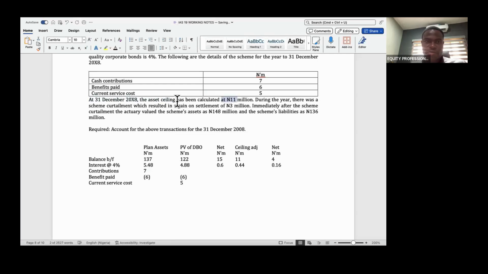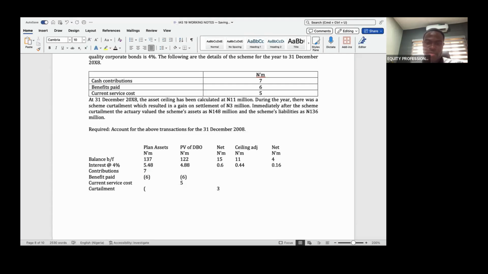This asset ceiling 11. So there was a scheme curtailment resulting in a settlement; wow, they already gave us the gain on settlement of 3 million, no problem. So curtailment, and when there's a curtailment, that means they need to settle people. So in this case, they gave me the gain directly as 3.